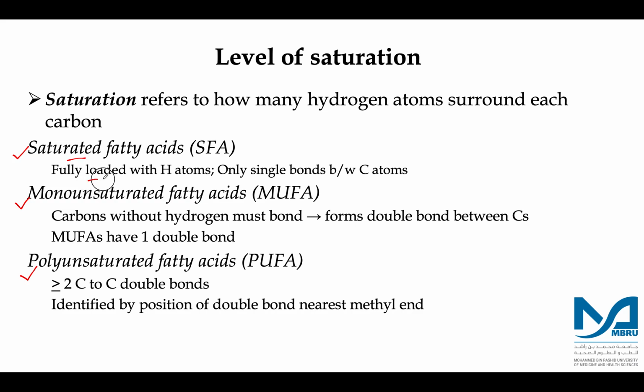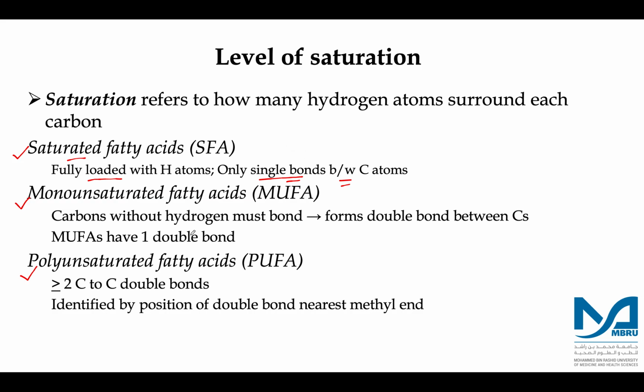So they are fully loaded with hydrogen atoms, and they contain only single bonds between or within the carbon atoms that are present in the fatty acid. We will shortly look at some examples, and that will clarify the concept better.